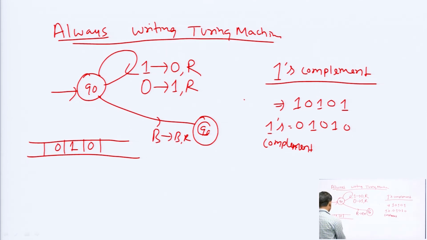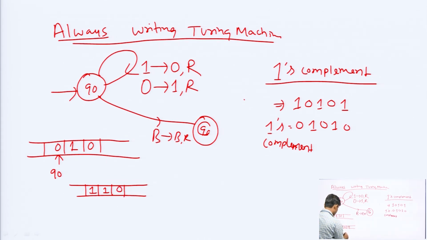Now, you check Q0, you have to consider the input alphabet to replace it, blank do not consider. So, all input you have to check and replace. If Q0 reads 0, then 0 is replaced by 1 and move right. So, your tape will be like this, 1 and 1 and 0.